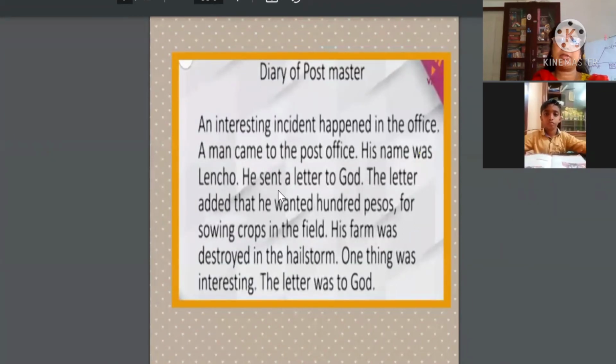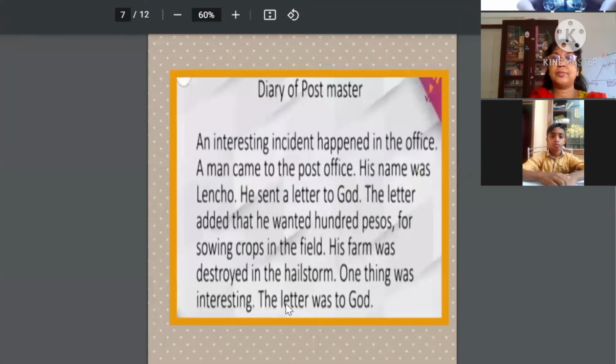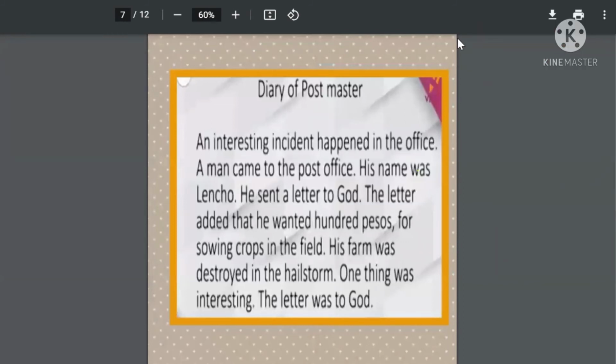He sent a letter to God. The letter added that he wanted 100 pesos for sowing crops in the field. His farm was destroyed in the hailstorm. One thing was interesting. The letter was to God. Okay, this is the correct diary you have to write.